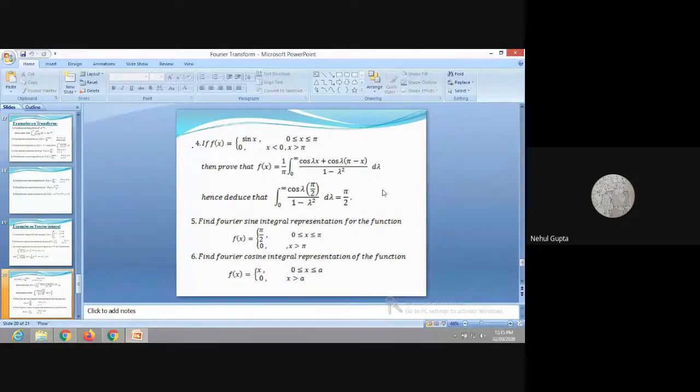But how does that 2 come? You're right. Sir, from cos lambda pi by 2 plus cos lambda pi by 2. Correct. 2 cos terms are there, so the addition will be 2 times. For x is equal to pi by 2, f of pi by 2 will be equal to 1 upon pi integral from 0 to infinity cos of lambda pi by 2 plus cos of lambda into pi minus pi by 2.